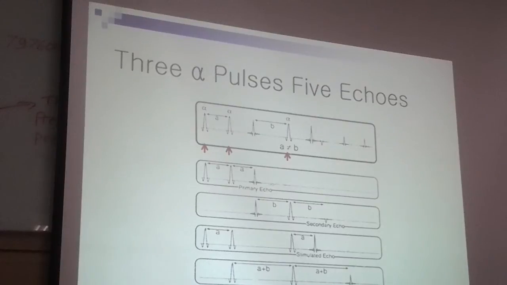From this theory, we can generate several echoes simultaneously using the combination of 3 RF pulses. Here, 3 RF pulses are used here, here, and here.